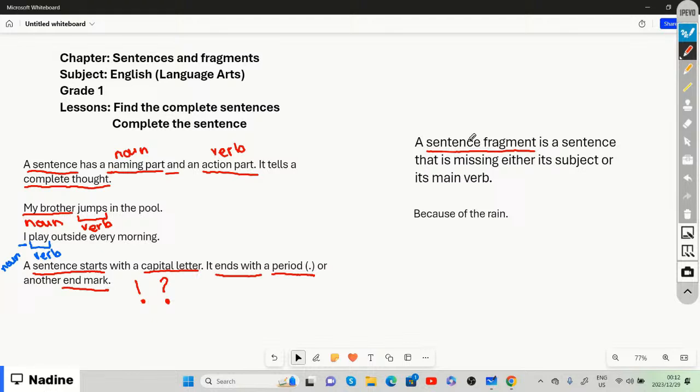A fragment is a sentence that is missing either the subject, which is the naming part, or the noun, which we can call the naming part, or it's missing the main verb, which is the action part.